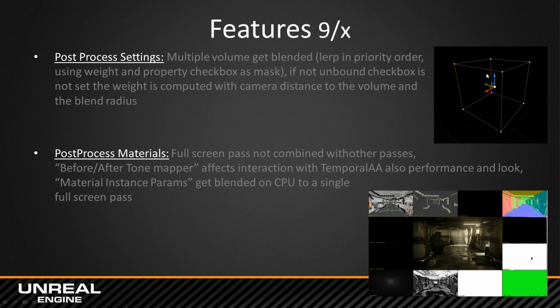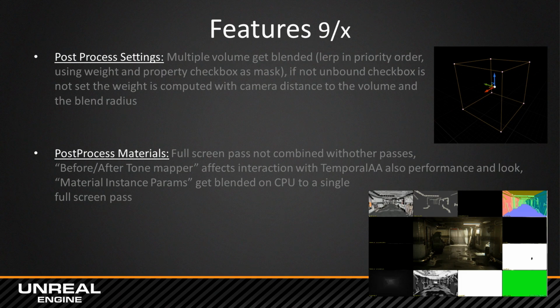So if you have multiple of those volumes, they all have priority, so you can easily affect the other settings. You always have a checkbox in front of the settings, so you can decide which settings you want to override, and through the priority, everything is getting executed every frame again, and that gives you a lot of control.